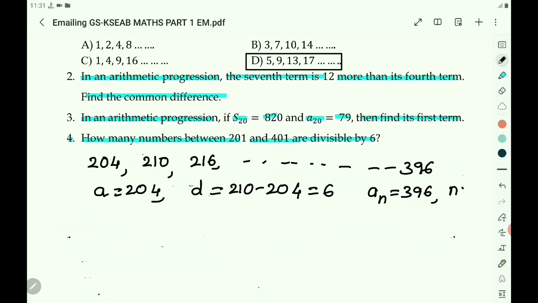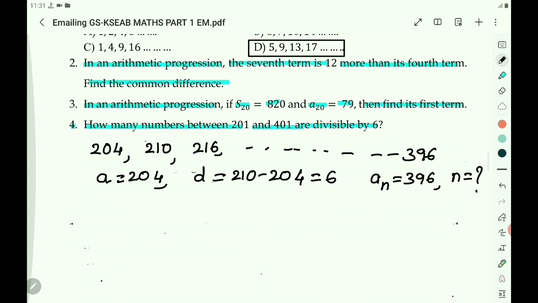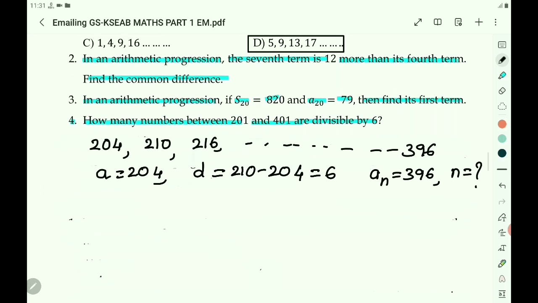Then what you have to find out is how many numbers are divisible by 6 between 201 and 401. n is to be found out. Which formula we have to write? Write an equals a plus n minus 1 into d, that is equals to 396.